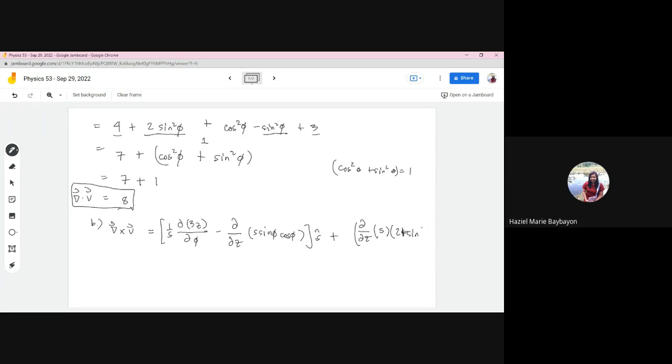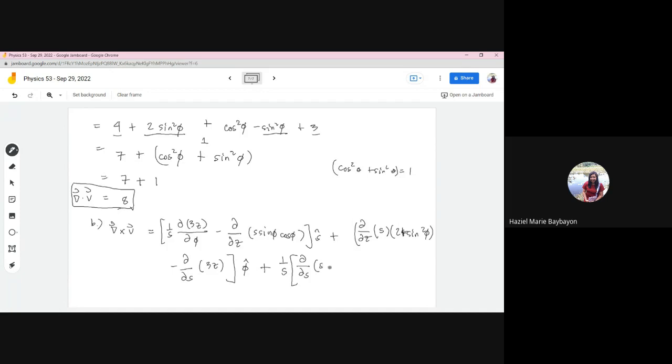Okay. Minus the partial derivative with respect to S man siya, no? With respect to S of VZ. So your VZ is 3Z. Okay. So this is your P component. And then the last term is you have 1 over S multiplied by the partial derivative with respect to S of V phi.